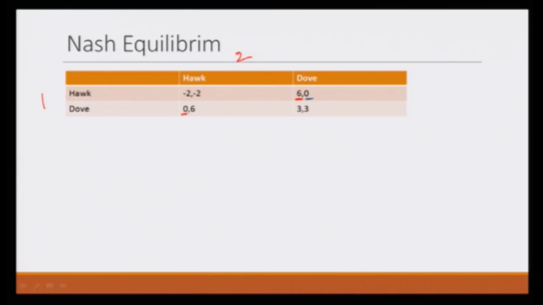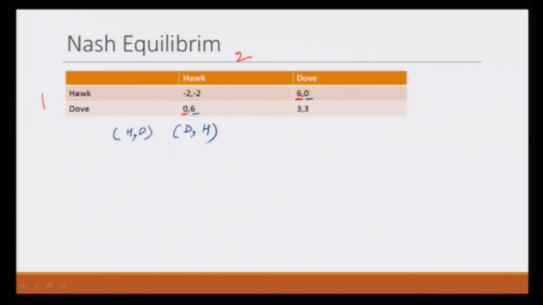And if player 1 is playing dove, then the best response from player 2 is to play hawk. So there are two Nash equilibria in pure strategies. Hawk I will write as H in short form, and dove as D. So H comma D and D comma H. These are the two pure strategy Nash equilibria.